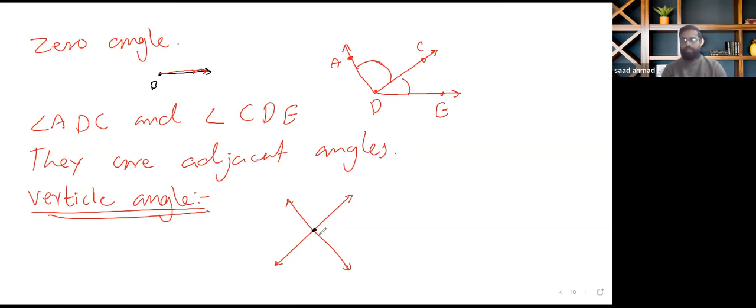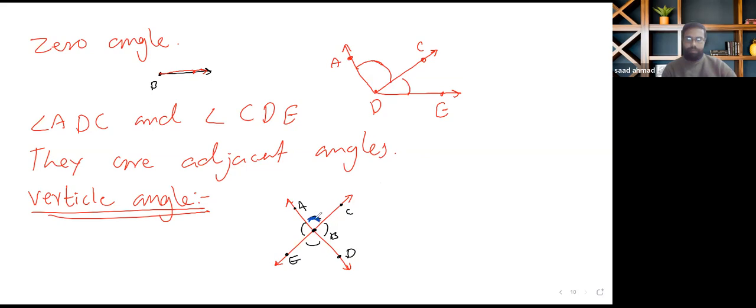Let me give them names, 1, 2. These are the four angles that are formed. It forms four angles. Let's say we just name them A, B, C, D, E. So the vertical angles are the opposite angles. The opposite angles are congruent.